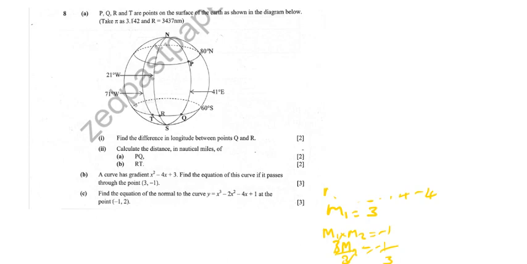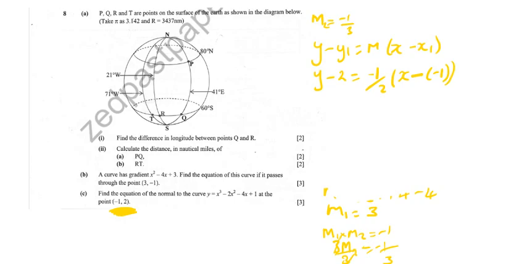Now let's proceed by saying, since our m2 is the one which we have found, negative 1 over 3, we remember that y minus y1 is equal to m open bracket x minus x1. So we are going to have y minus, remember the points here, you have been given the value of y, it is 2, is equal to m, which is negative 1 over 3, open bracket x, and then minus the value of x, which is negative 1.